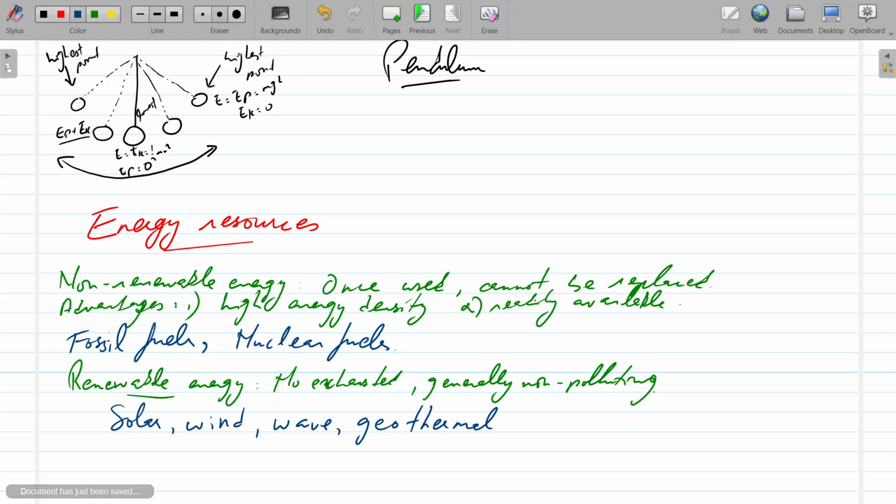So there are side effects nonetheless. But generally non-polluting means that perhaps the side effects are not as widespread and severe as when you compare them to non-renewable energy sources. Okay. All right. So that was a good question.